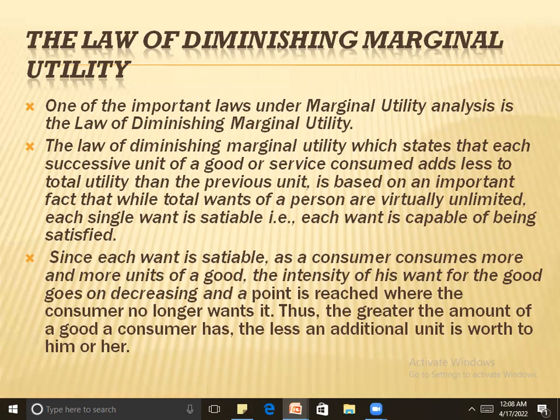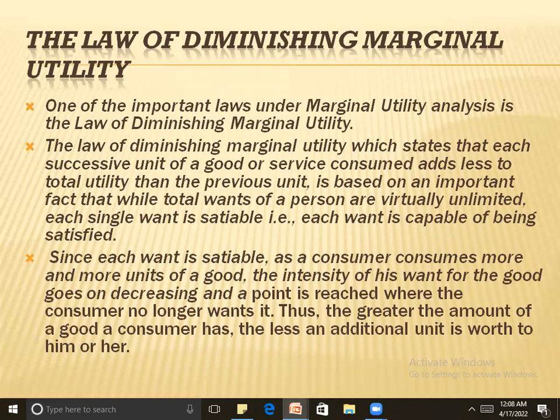That is, each want is capable of being satisfied. Since each want is satiable, as a consumer consumes more and more units of a good, the intensity of his want for it goes on decreasing, and a point is reached where the consumer no longer wants it.